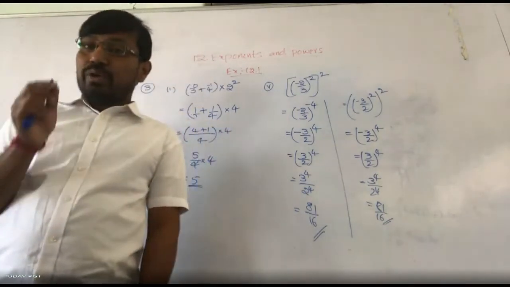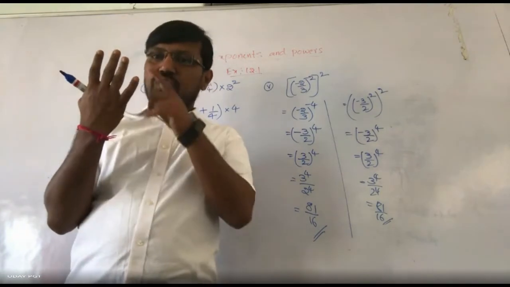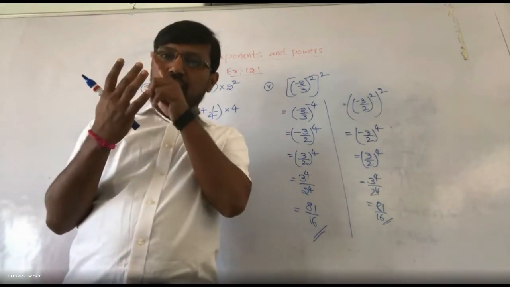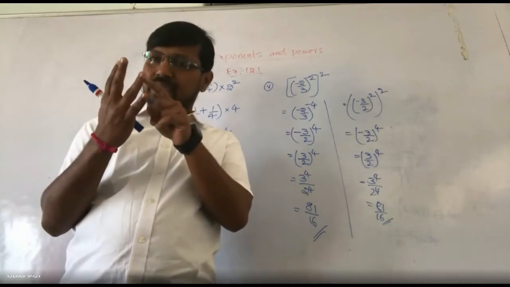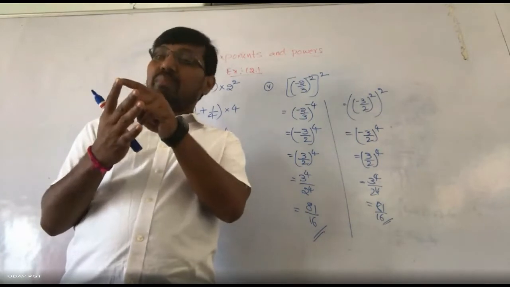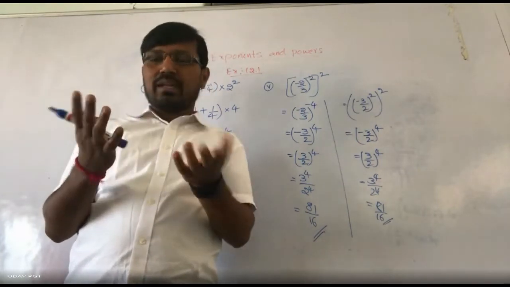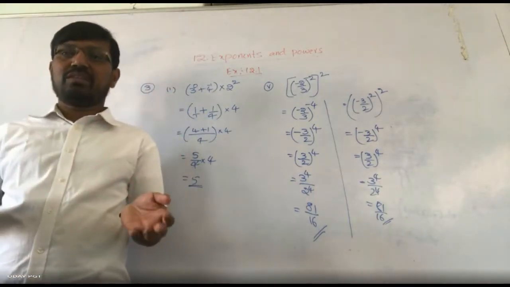I already told you, negative power, whenever you are having 4 times: minus into minus is plus, plus into minus is minus, minus into plus is minus, minus into minus is plus. When you multiply the minus an even number of times, it is positive.